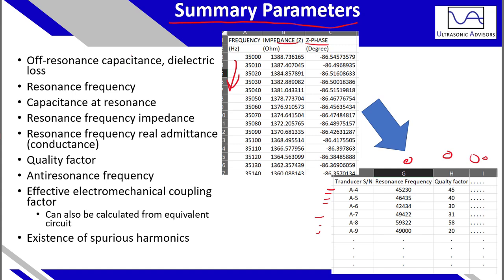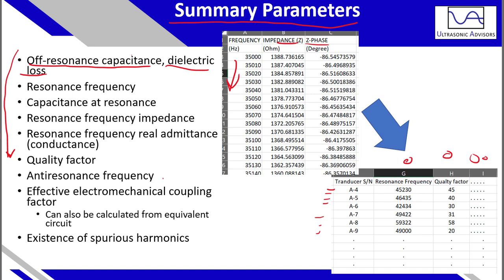So I'll give an overview here, and then in the next slides I will describe each of these in detail. Some of them I've already described before, but I will hash that out to the extent that I didn't cover the information. So the first is the off-resonance capacitance and dielectric loss. I think you're familiar with that from session 1.